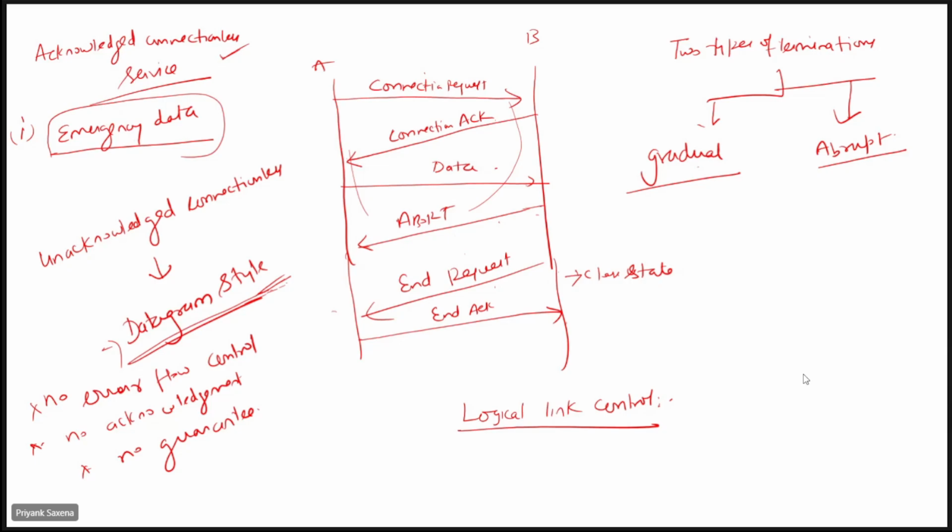See, what does connectionless mean? Connectionless service is a datagram style service where there is no prior connection, meaning no link is established between the sender and the receiver prior to exchange of data, right? Since there is no fixed path, the packet may take any path from the source to reach the destination.